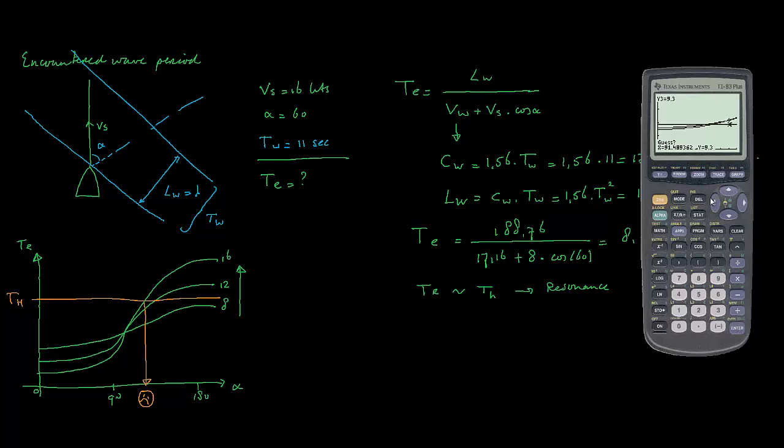I guess we go to the left, somewhere here, and say okay, and then we find an angle of, say, 68 degrees. So you know that at 68 degrees you have a natural heave period more or less equal to the encountered wave period. Something you should avoid. Okay, thanks for watching.